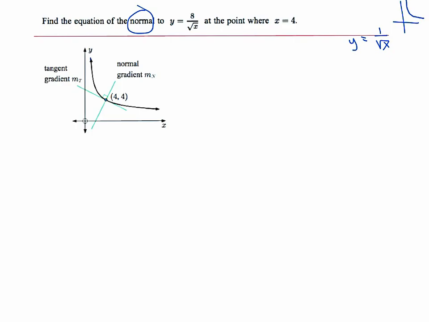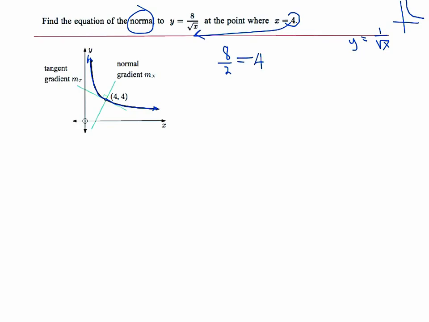So here you have 8 over square root of x. At x is equal to 4, by simply plugging in the 4, we have 8 divided by square root of 4, that's 8 divided by 2, and you get an output of 4.